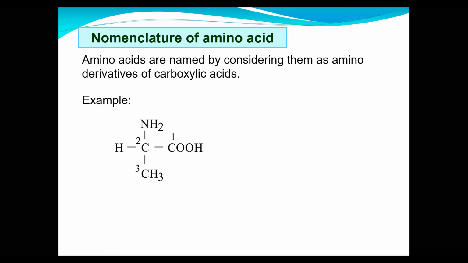For example, in this structure of an amino acid, the carboxyl group is numbered as carbon number 1, followed by the chain, carbon number 2, C2, and C3. So the name of this amino acid is 2-aminopropanoic acid.